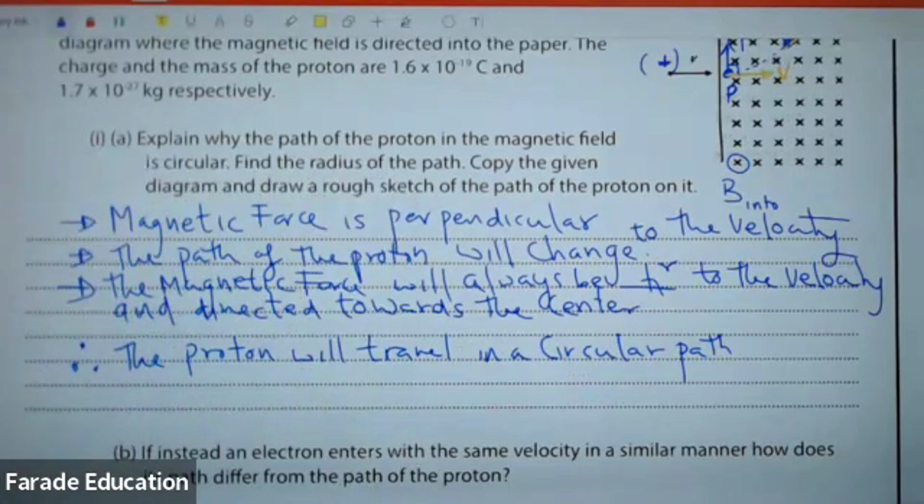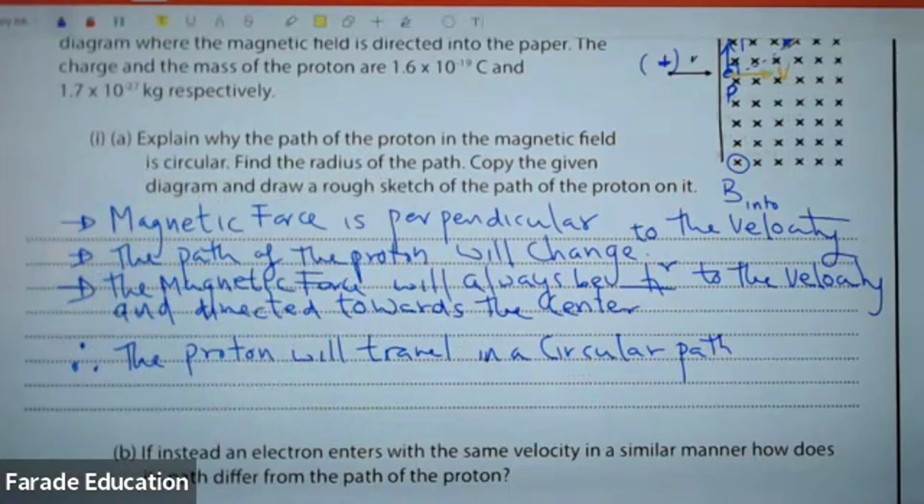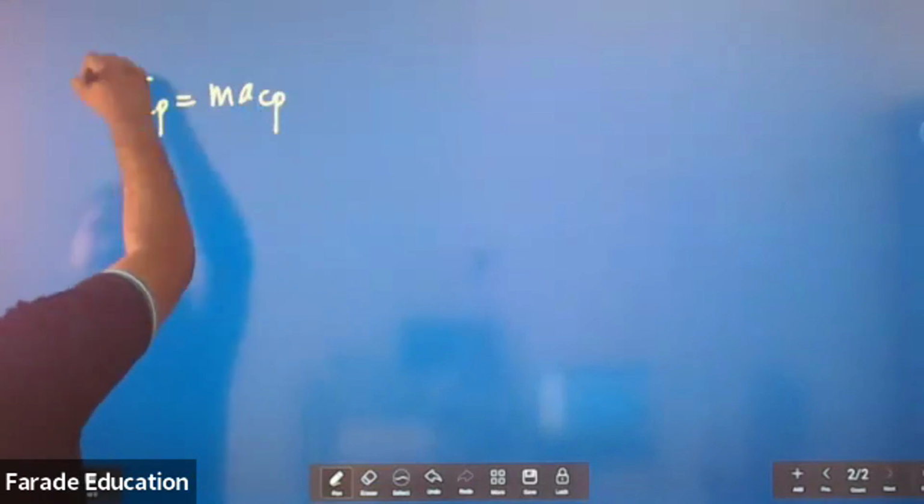Now, if you want to find the radius of the path, we can find it. Centripetal force equals mass times centripetal acceleration, acting towards the center.